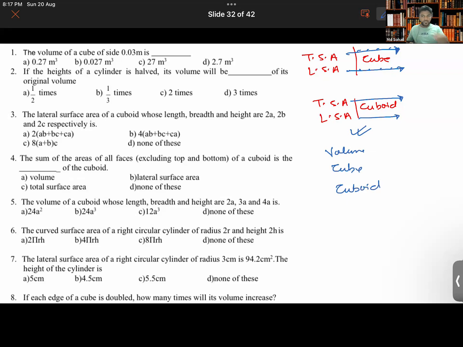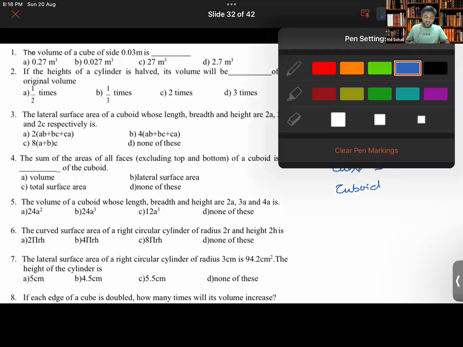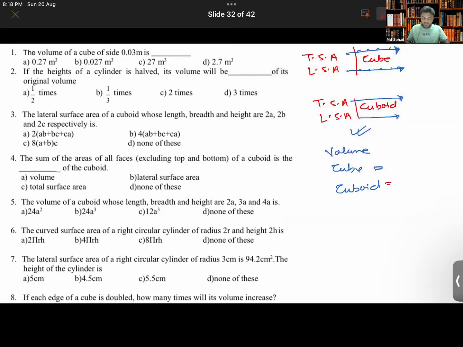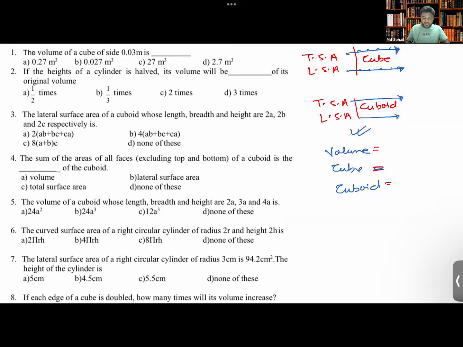We should not be writing pi, that will take time. Just answer me. I will be asking you to answer the question. Arhan, if you are able to hear me, what is the volume of cube?